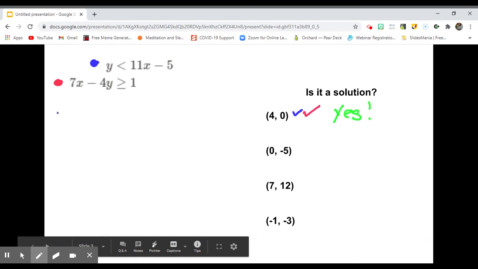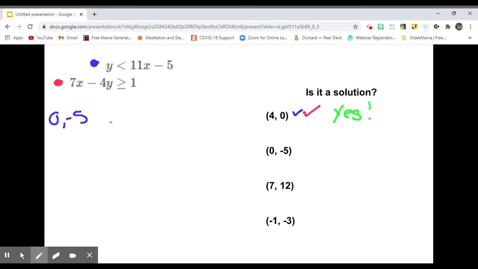So -5, is that less than 11 times 0 minus 5? So is -5 less than -5? No. Okay, there was not the "or equal to" there. It's equal to, but this did not say "or equal to." So this is not a solution to the first one.